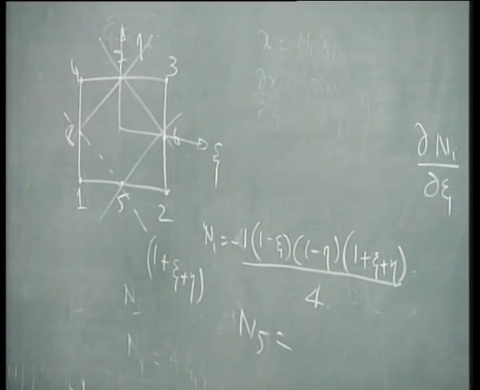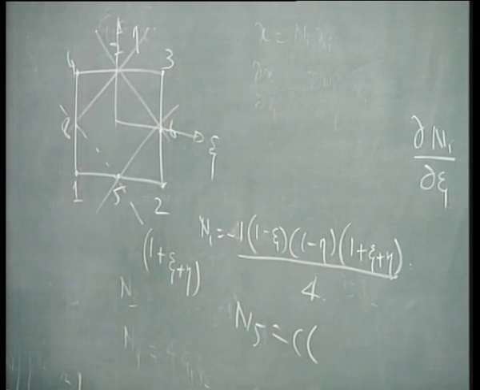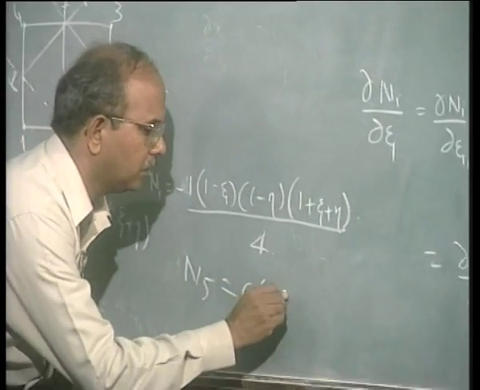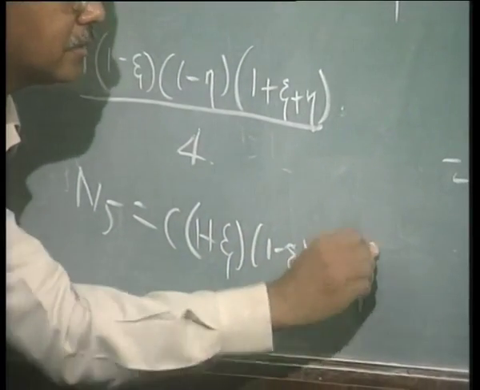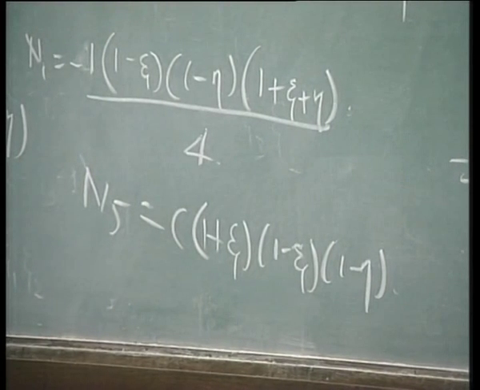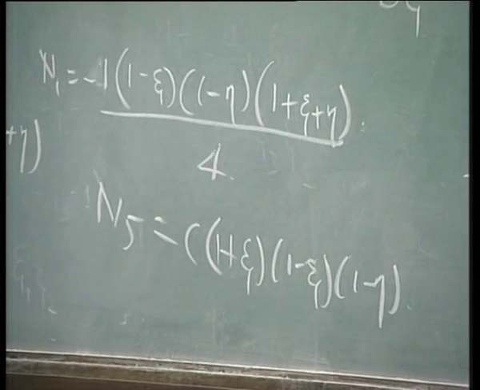Beautiful. So that is C into, what are the equations of those lines? 1 plus psi into 1 minus psi, 1 minus eta. Remember, what is C? Half.